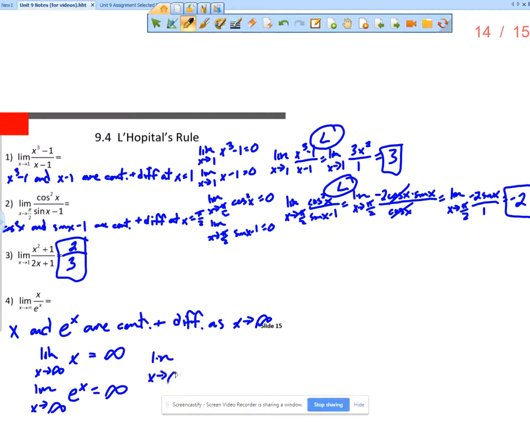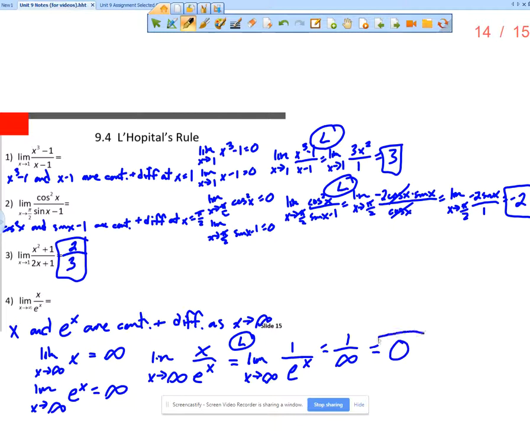So the limit as x approaches infinity of x over e to the x, we can use L'Hopital's rule. Well, derivative of x is 1 over the derivative of e to the x, which is e to the x. And so we would get 1 over infinity, which is equal to 0. So that limit would equal 0.